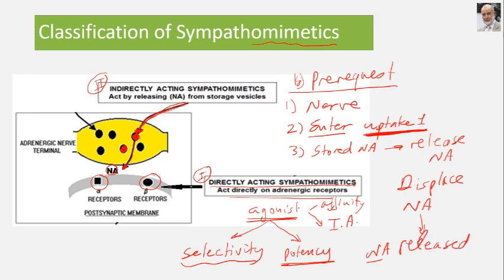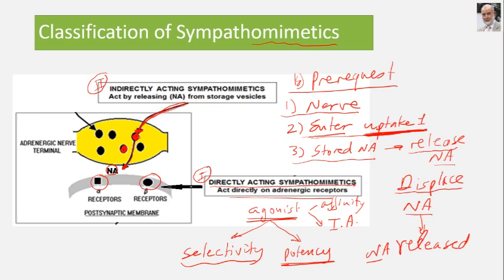So these are the three prerequisites for indirectly acting sympathomimetics. First, there should be an adrenergic nerve available so that they can enter the nerve. Third, there should be stored noradrenaline so that they can release noradrenaline from its store. This is known as displacement of noradrenaline, causing noradrenaline release.